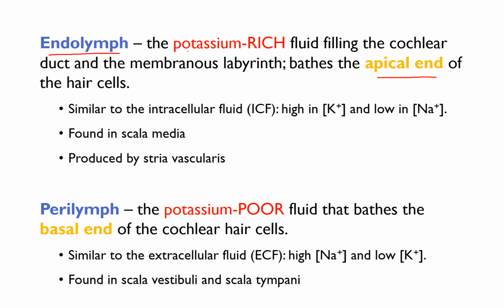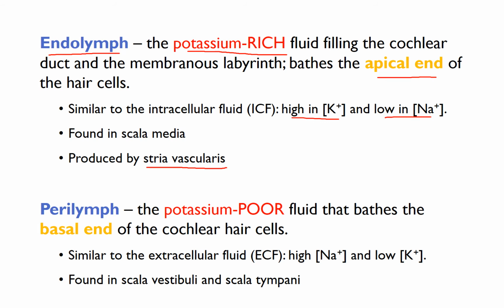This is a very potassium-rich fluid, meaning it has a very high concentration of potassium. Similar to intracellular fluid of other cell types, it's high in potassium but low in sodium. Endolymph is located in the scala media, and it is produced by a structure called the stria vascularis, and we'll get into that later.